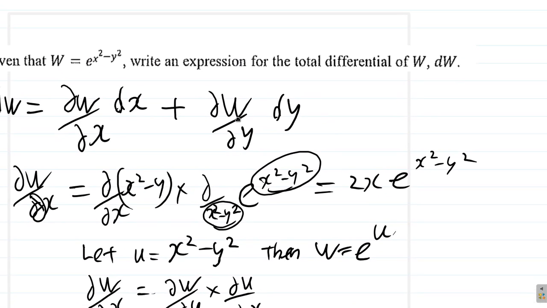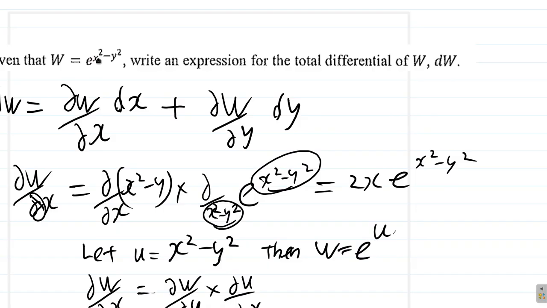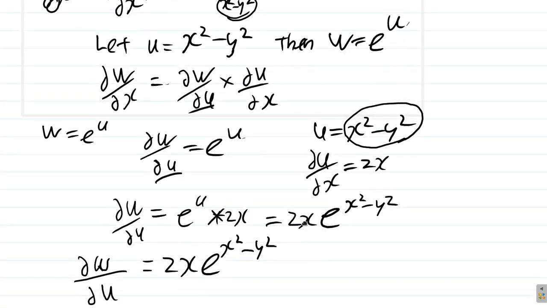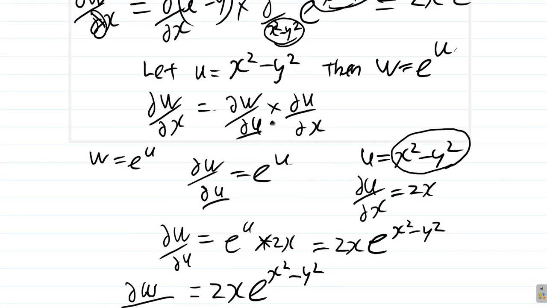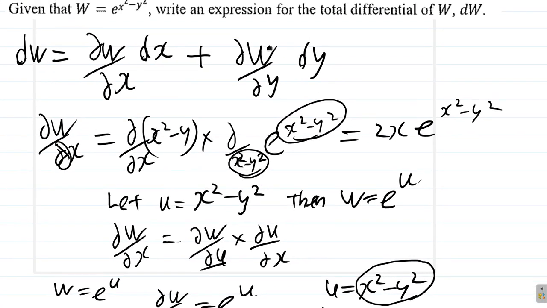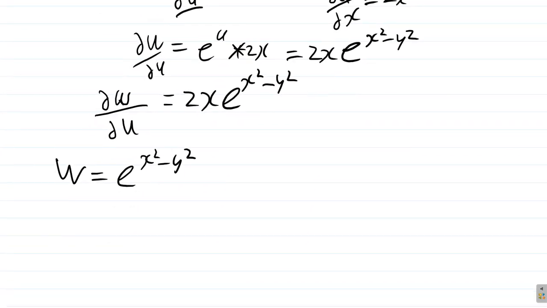Now, let's look back at this and rewrite it. w is e to the x squared minus y squared. What we want here is partial w by partial y. So what do you think the derivative of w by y is?